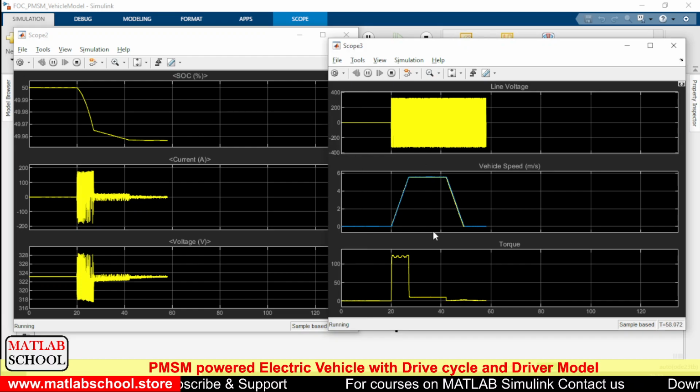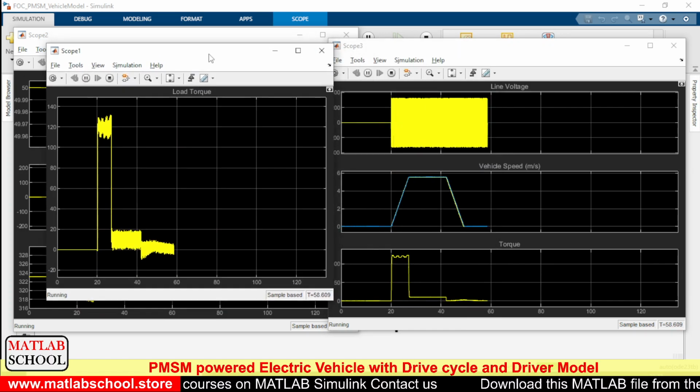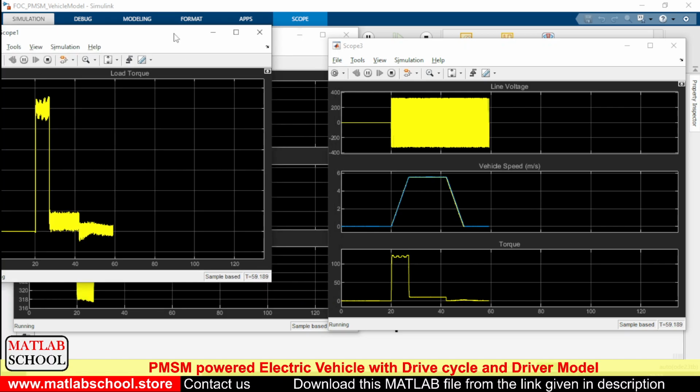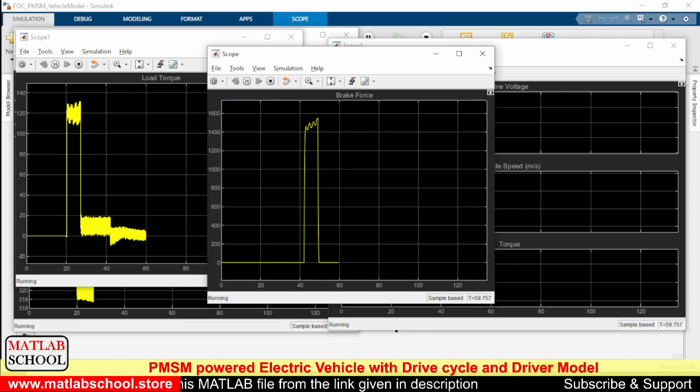Okay, let us see the brake force and the load torque. So this is the load torque, and this is the corresponding torque produced by the motor. And this is the brake force.